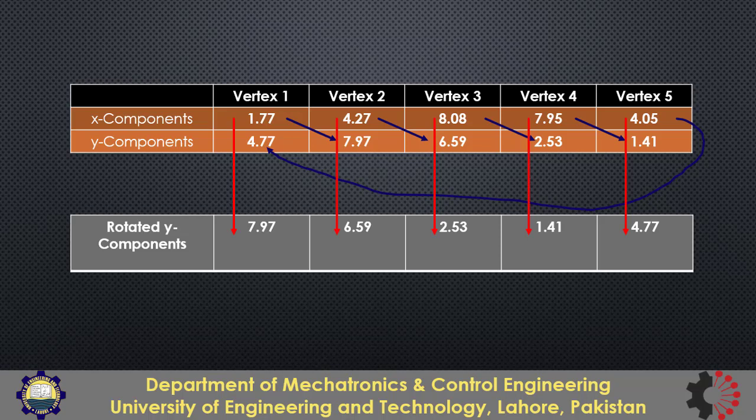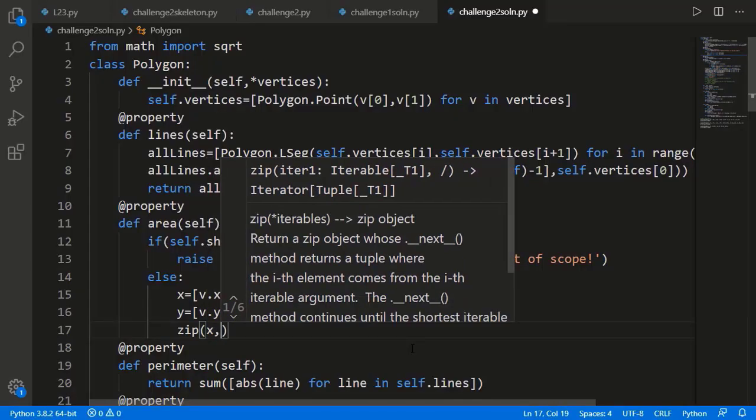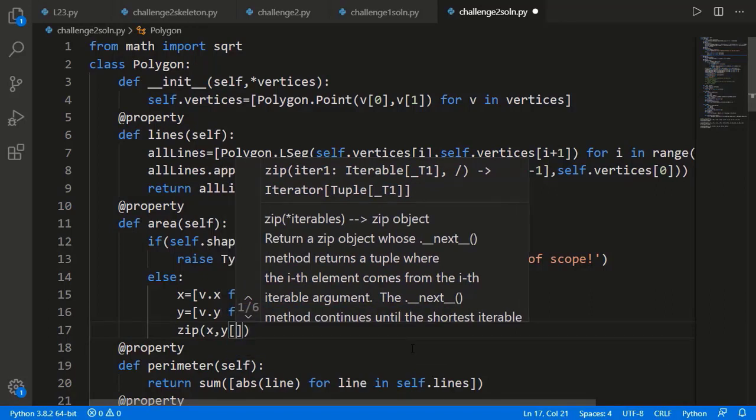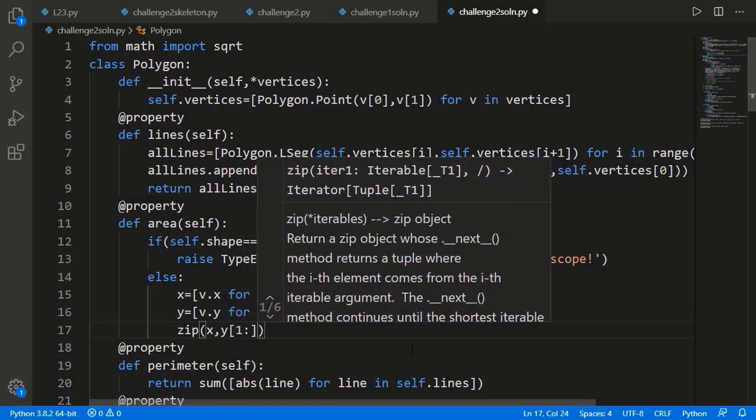In this way, the multiplication will be simple index to index. So I am creating a zip object with first value as list of x components and the second value will be the y components, but starting from second value, which is at index number 1.